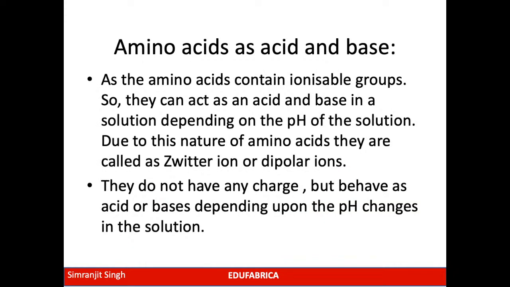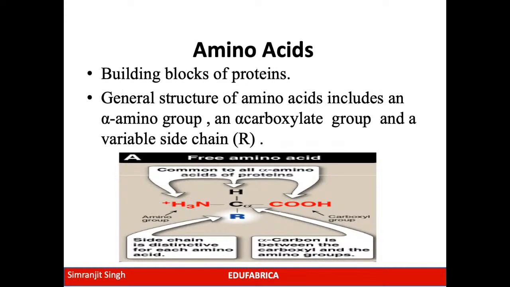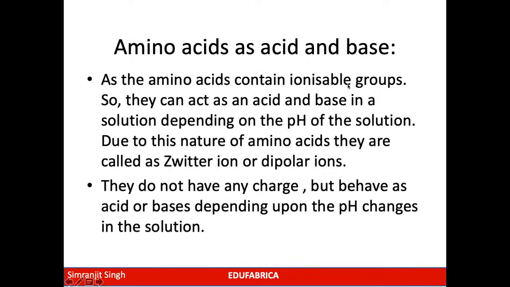These amino acids, as we can see, have positive and negative sides. This is positive and this is negative. As amino acids contain ionizable groups, they can act as an acid as well as a base in a solution, depending on the pH of the solution. Due to this nature, they are called zwitterions or dipolar ions, because of having both acidic and basic nature depending on the pH of the solution.